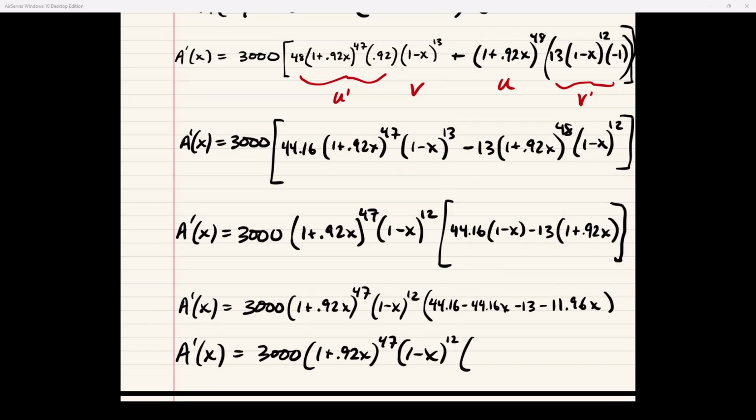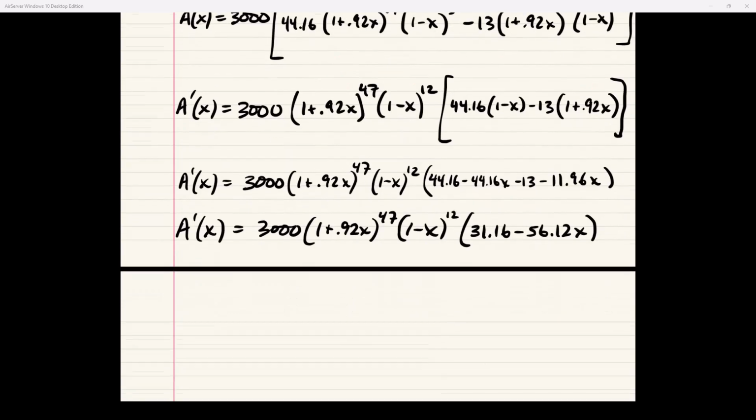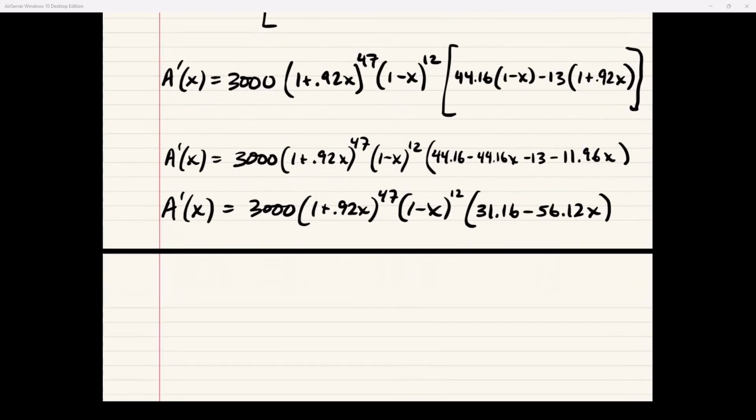Now we have like terms. These are constant terms. Those are both terms with x. So let's take 44.16 minus 13, which is 31.16, and now these two terms are both negative. Okay, so that's pretty good.